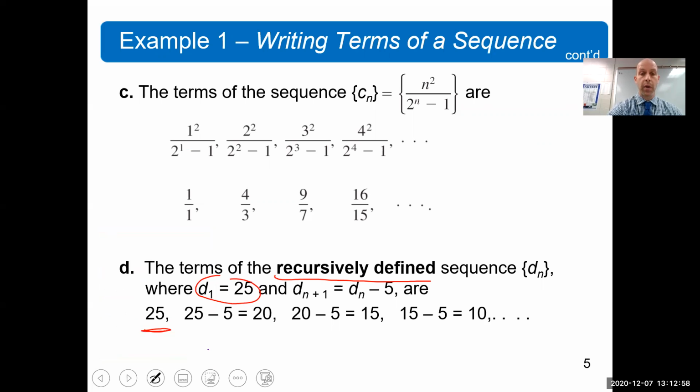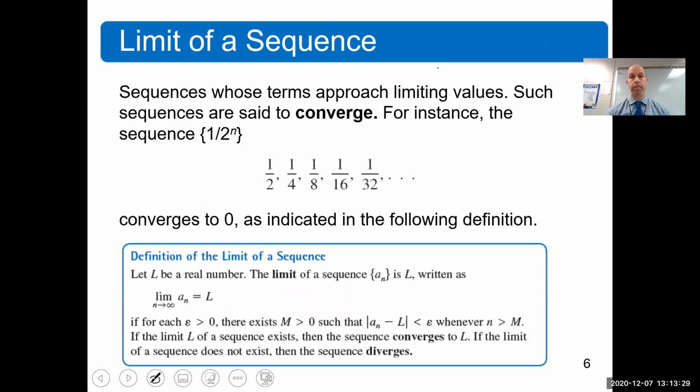This gives us the rule for the n plus 1 term, or the next term in the sequence. To find the n plus 1 term, we just take the nth term minus 5. Since our first term was 25, the next term would be 20, then 15, and then 10. So those are a couple of different ways that we could define a sequence. We could give you the formula explicitly for each term, or we could define it recursively.